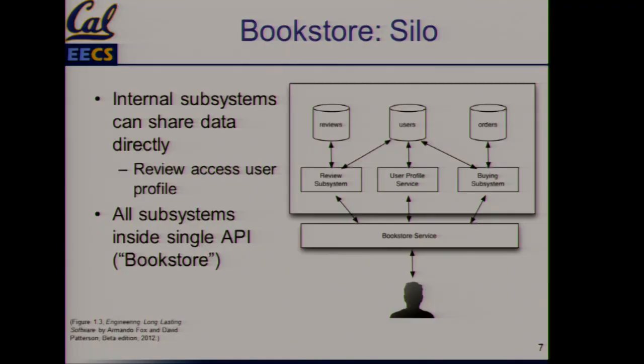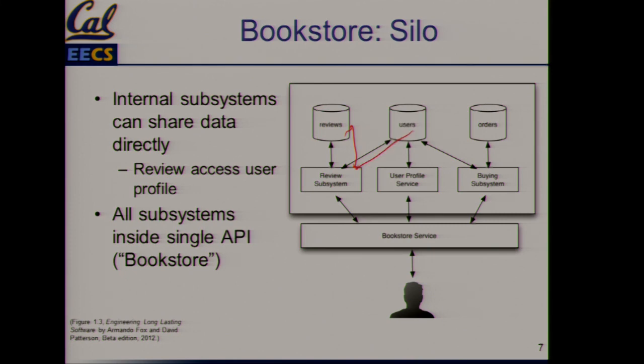So let's do an example that's a little bit more concrete. We're going to do a siloed version and a service-oriented architecture version of a bookstore. In the siloed version, you have a bookstore service, and you build everything inside. All of these things can share data and connect together. The thing that's doing the reviews can access the review system, naturally enough.